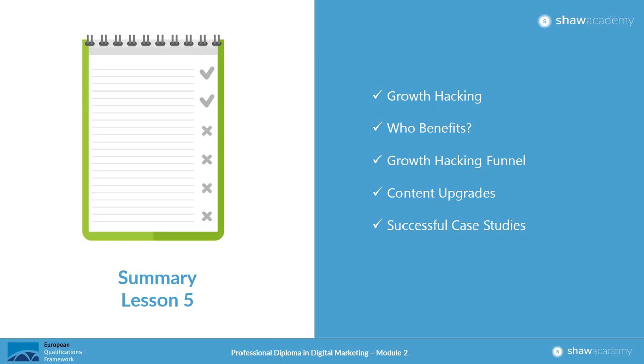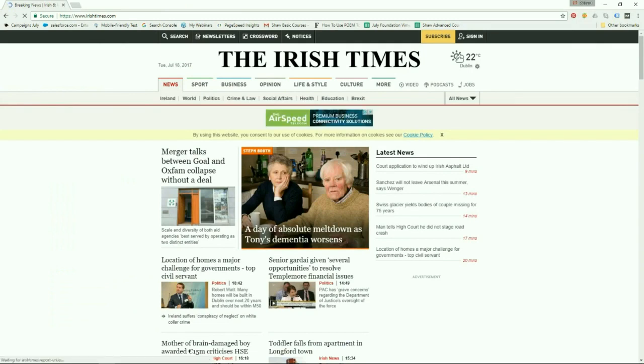Richard, above the fold and below the fold. So above the fold is the very first page that you see on a website. Let me bring this up for you. So let's say on Irish Times, okay. So above the fold is kind of the opening page. So everything you can see on this page is above the fold.